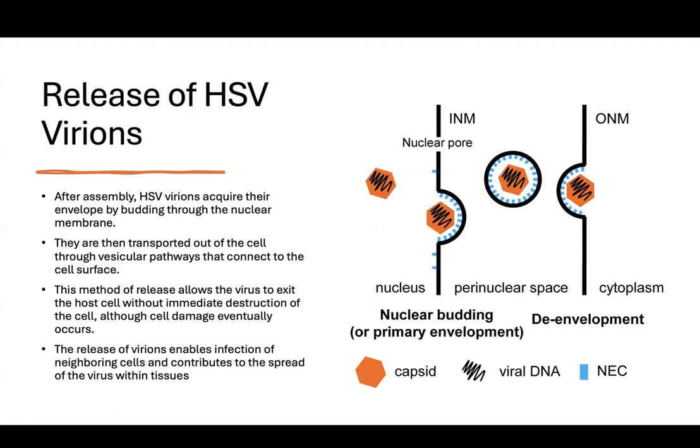It doesn't want this cell to die. It wants it to stay alive because if it's still alive, it can still be in its latency form. So that's why this exit is very nice and smooth. And of course, they start spreading to your neighboring cells.